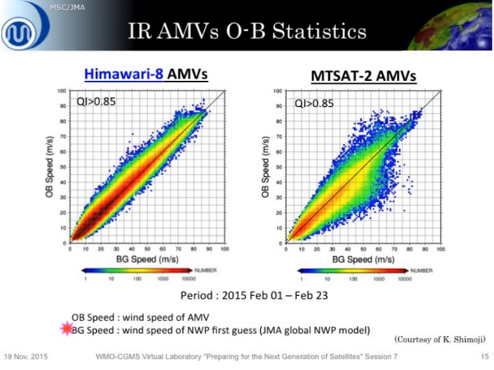We use JMA global model as NWP, numerical weather prediction data. This statistics shows how much the AMV is consistent with forecasted wind data. As you can see, AMVs from Himawari 8 have much better correlation than those of MTSAT 2.